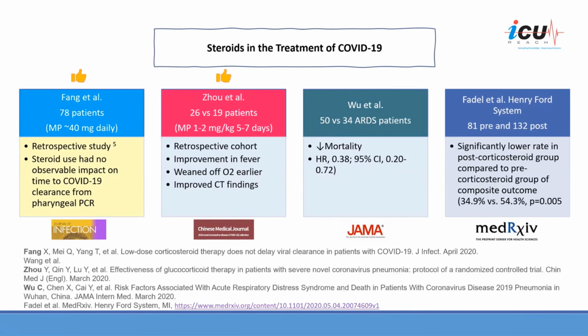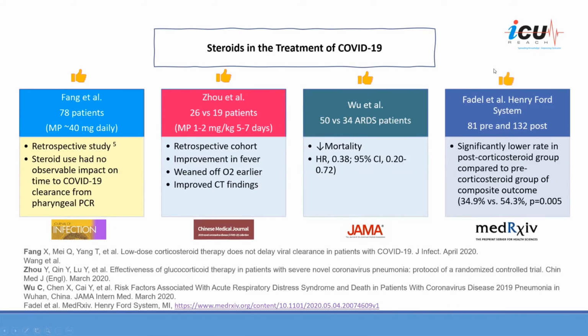The second study is a retrospective cohort of a small number of patients, also from China, and it was positive. The third one was a randomized control trial, but with other agents. They looked at the subgroup of those patients who received steroids, and it was also positive: 50 patients versus 34 patients with ARDS. And this one is from the Henry Ford System in the United States.